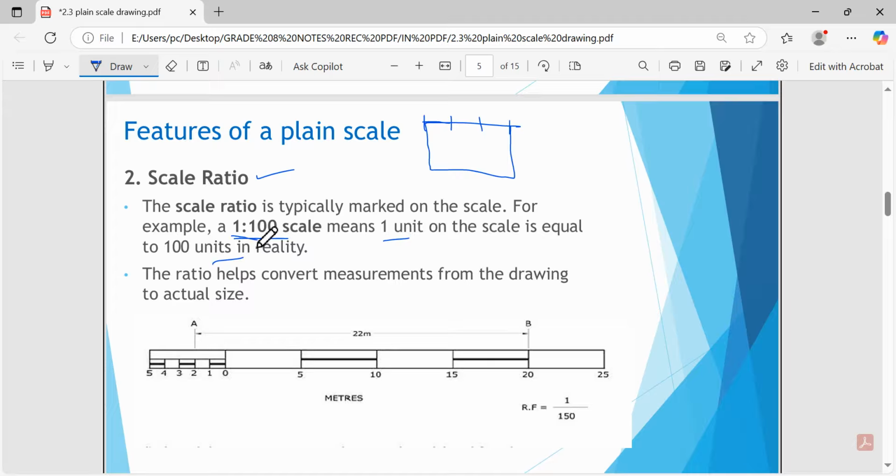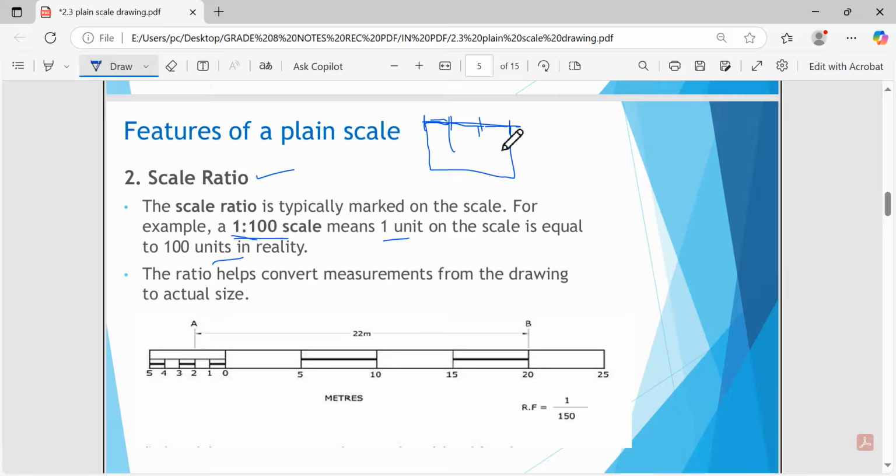So what you've seen me drawing here is 1 centimeter on my drawing, which will represent 100 centimeters on my land. So this one is represented by 1 centimeter, 2 centimeters, 3 centimeters, which means in the actual thing it is 300 centimeters.